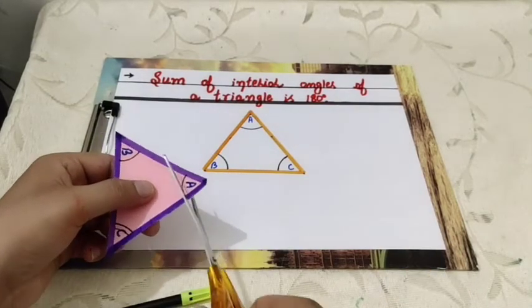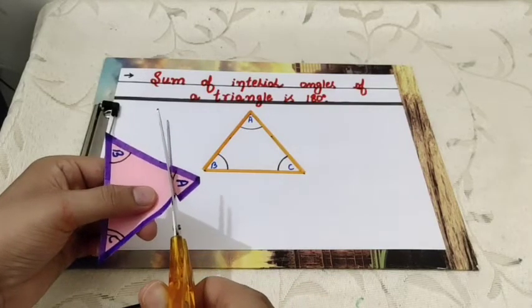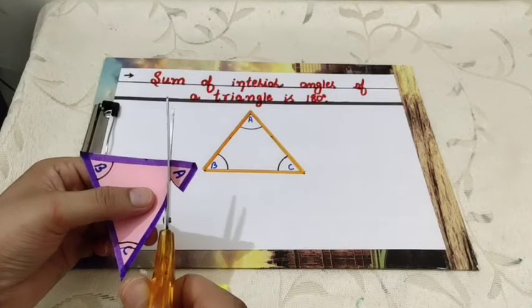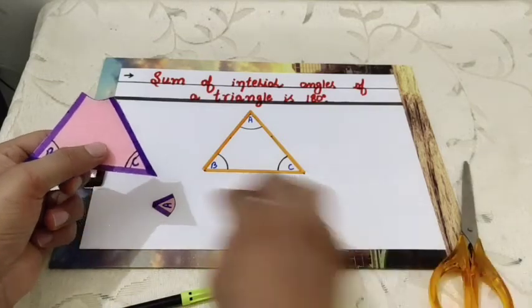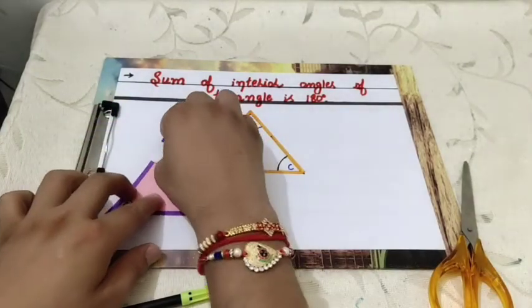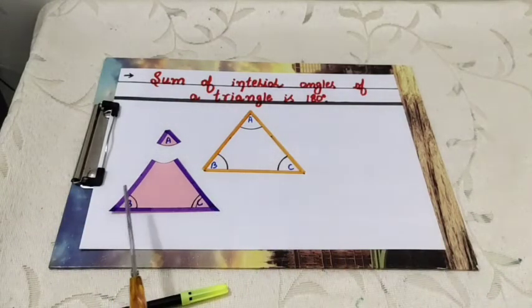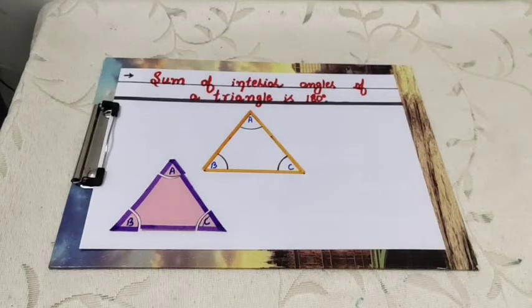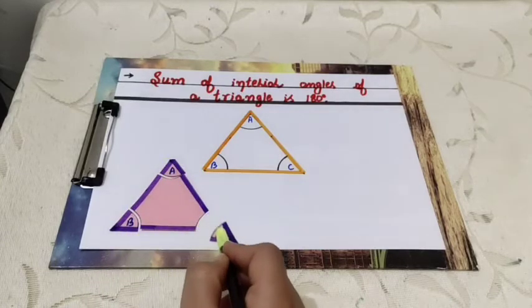This is how we can cut arc A. This is how we have removed arc A from the triangle. In the same way, we will remove arc B and the marked arc C. So students, that is how we have removed 3 sectors of the same radius from the vertices of triangle ABC.